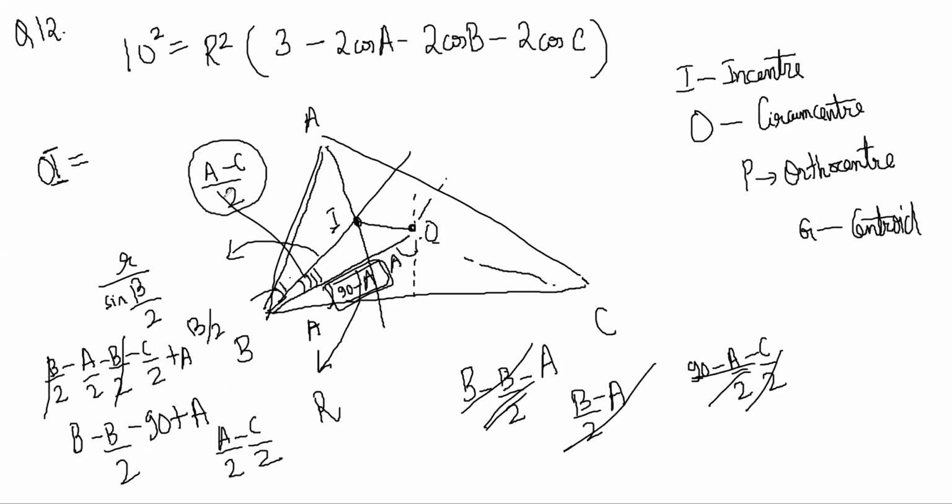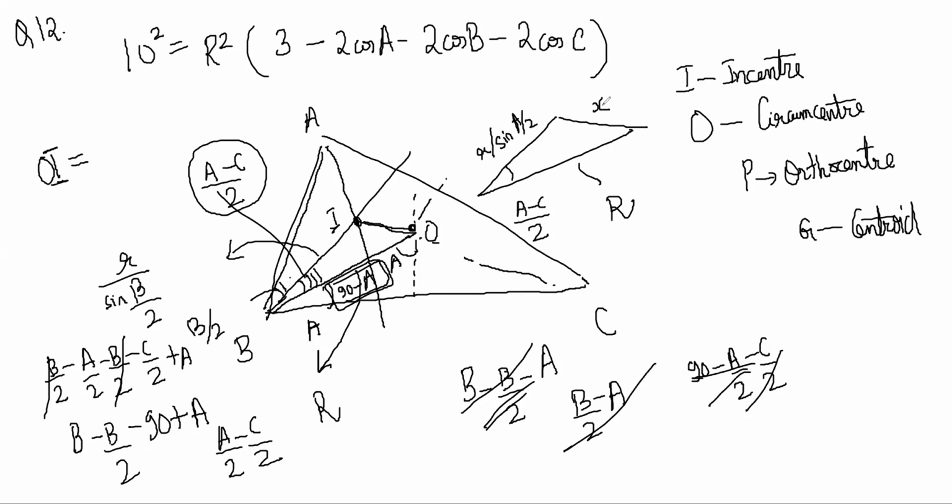Now you have one angle and two included sides, so the third side can be gotten by cosine rule. Basically in this triangle, you know this angle is (A minus C) by 2, you know this distance is R by sine A by 2, and this distance is capital R. So x is unknown.